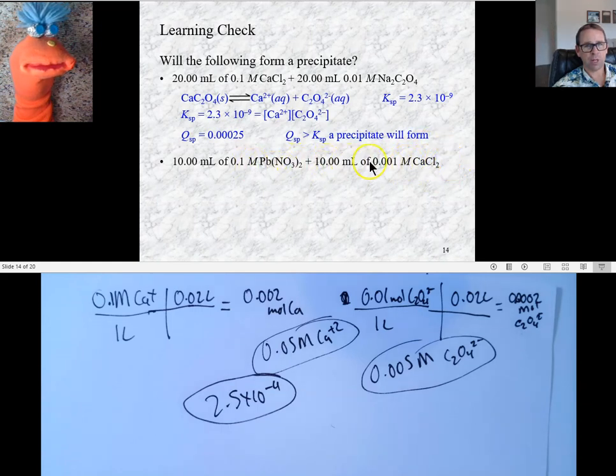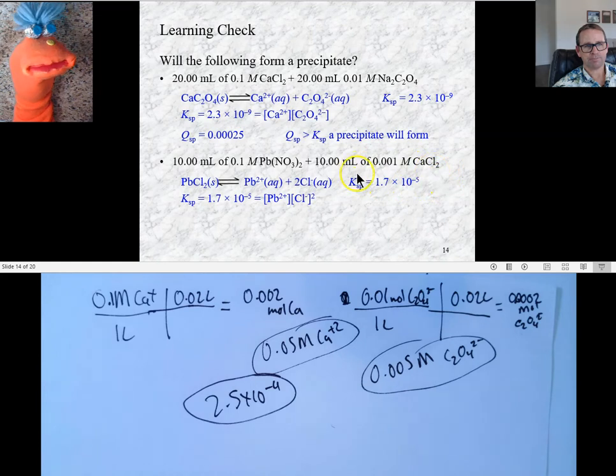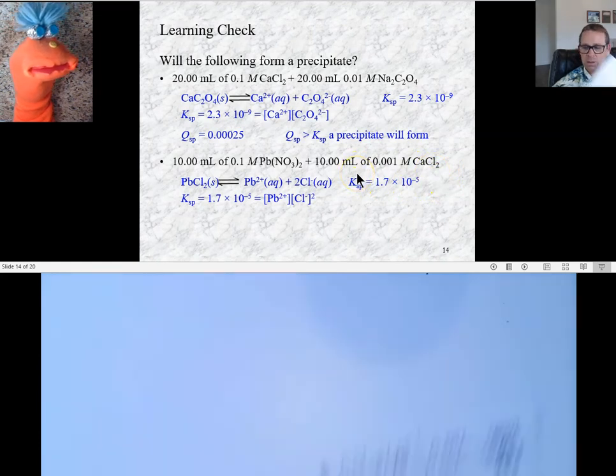But in the end, after you find the molar concentration of the lead and the chloride ion, combine them together in their equilibrium statement, the mass action expression, and see if that value is greater than the Ksp, Ksp being 1.7 times 10 to the minus 5. All right, push pause. See if a precipitate is going to form.